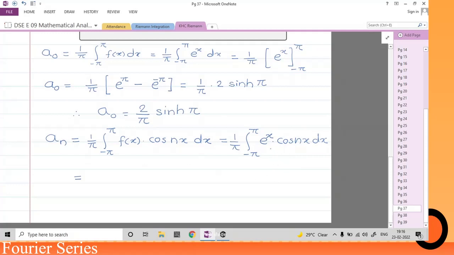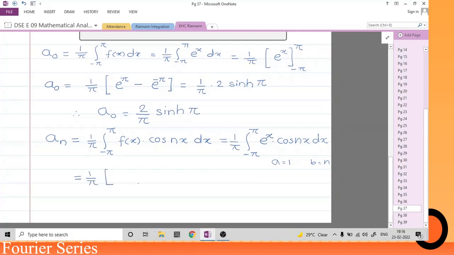I can see that here e raised to only x means the coefficient of x is 1, so a is equal to 1, and from the cos term the coefficient of x is equal to n, so the value of b is equal to n. So let us replace in our formula a is equal to 1 and b is equal to n.